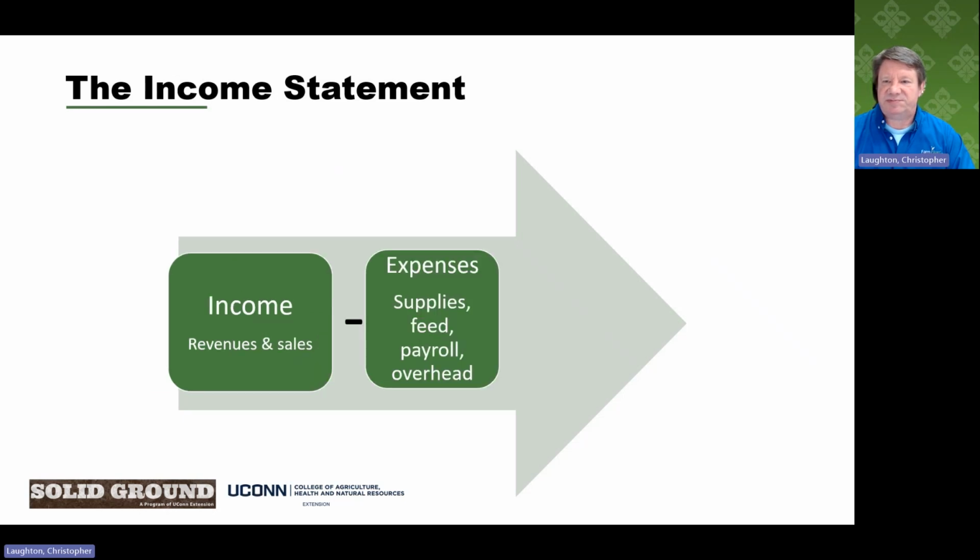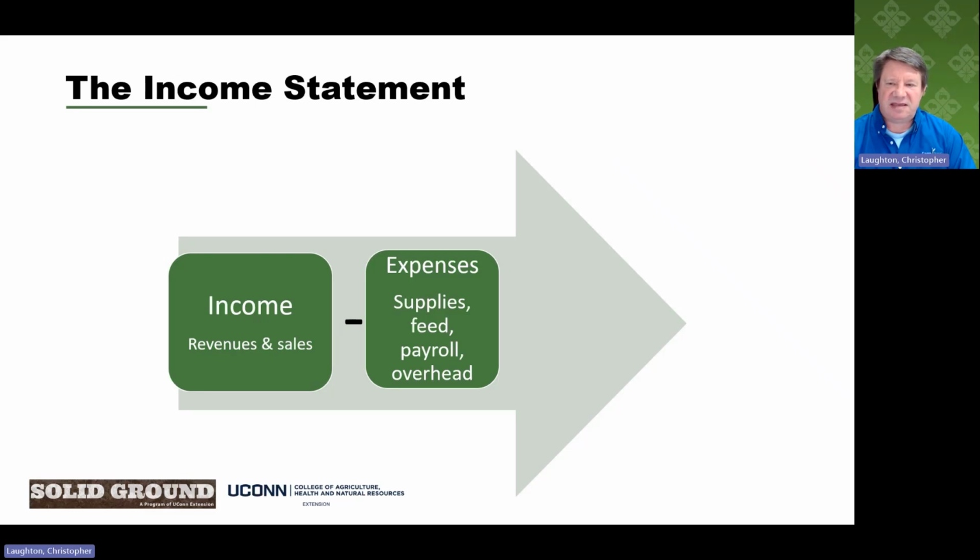So from income, we subtract expenses, which include things like supplies, feed, payroll, overhead. Basically, it includes all the things that go into your product or service that you're making, as well as what we call overhead, which is the kind of expenses you need to open the door and turn the lights on.